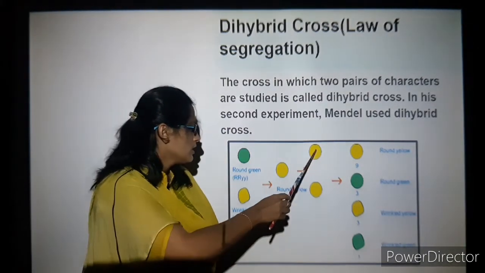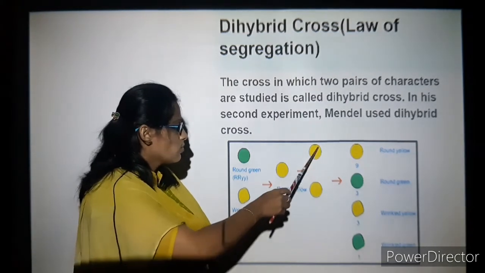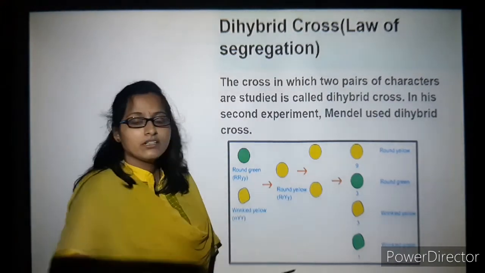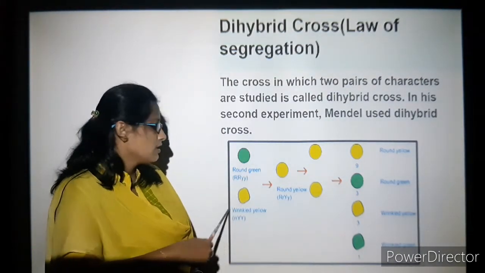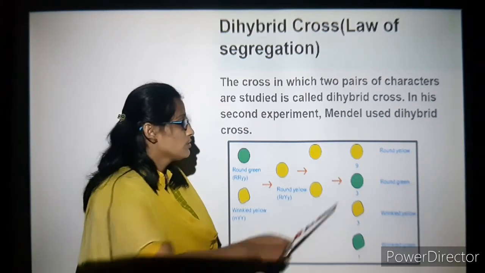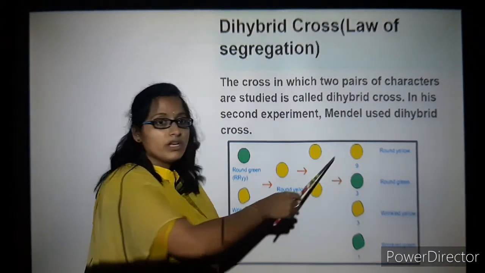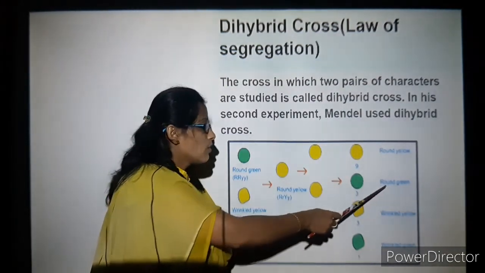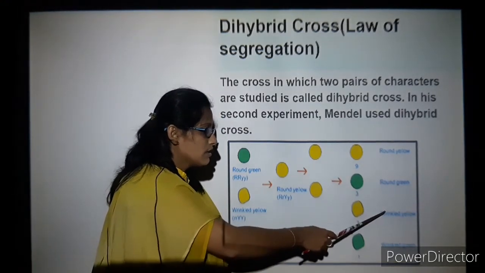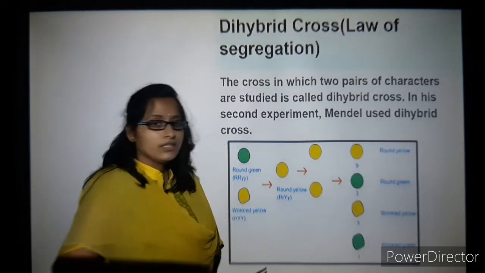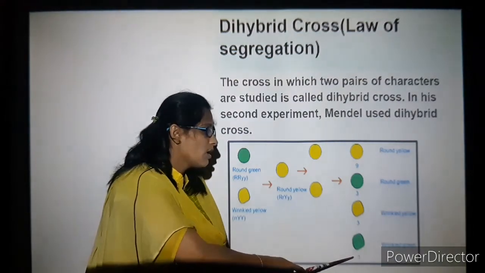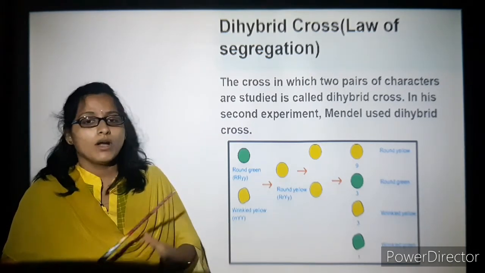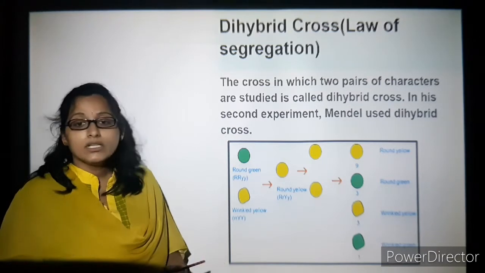Now again you are crossing it, round yellow, that is self-pollination. On self-pollination you can find different types of round, green, wrinkled, yellow ratios. A dominant round yellow you will find as 9, round green is 3, wrinkled yellow is 3, and wrinkled green, that is the most recessive one, is 1. So what is the ratio here? It is 9:3:3:1. So we'll go to the next slide.